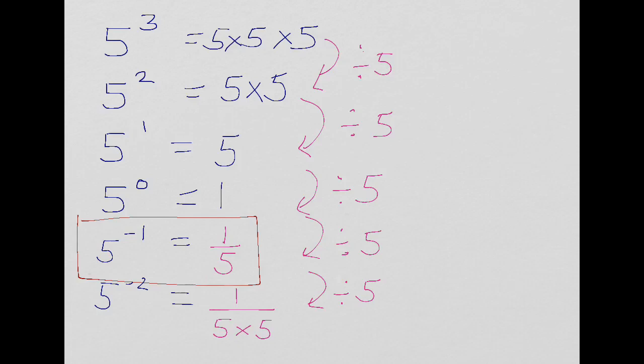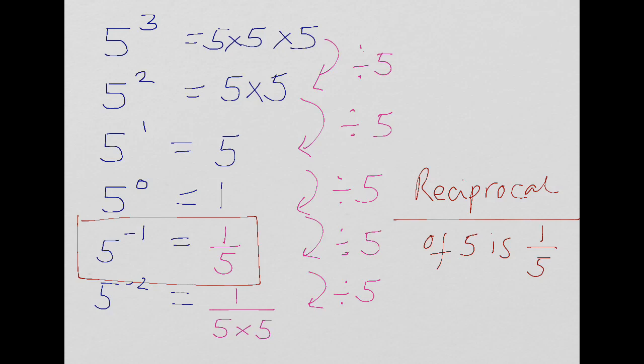A word that often comes up on GCSE papers, and it's worth saying that word, reciprocal, and I'm going to write it as well, so that you start taking that into your vocabulary. Reciprocal. So I would write the reciprocal of 5 is 1/5. And by the way, the reciprocal of 1/5 is 5.